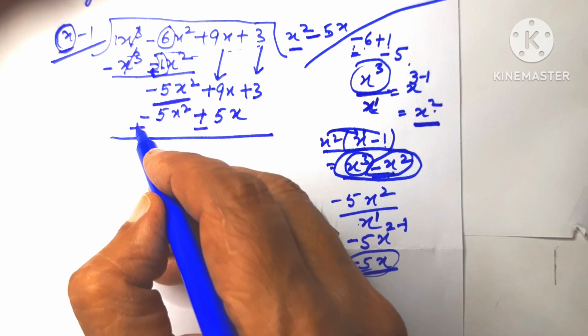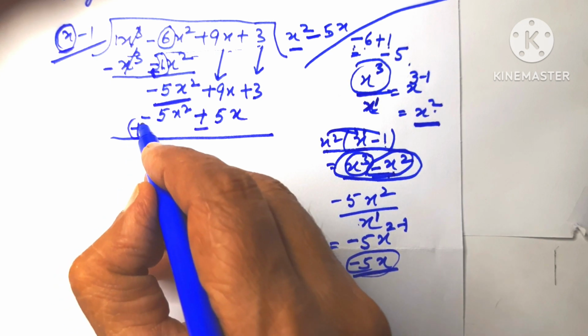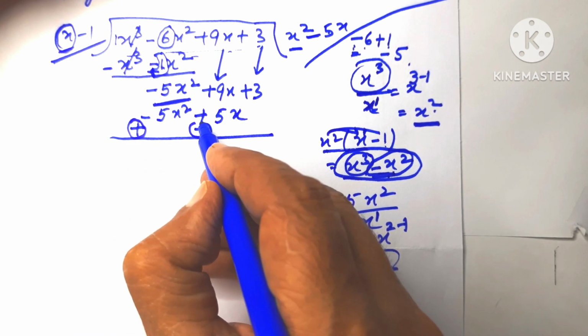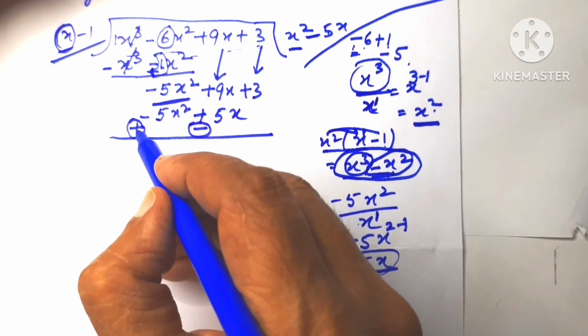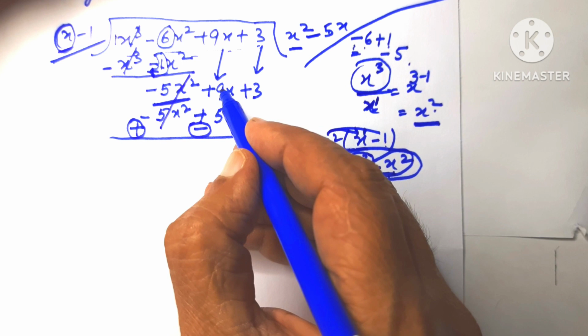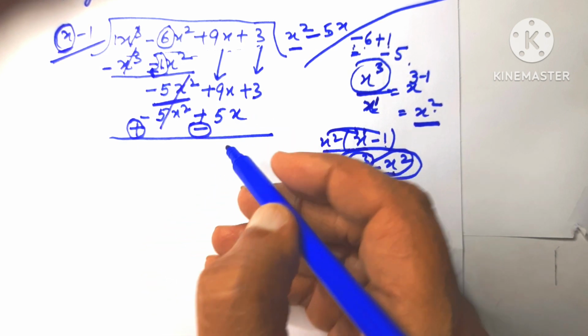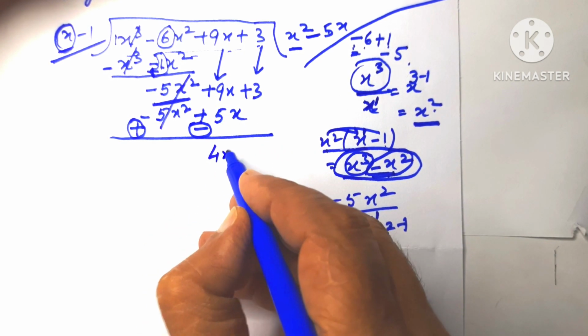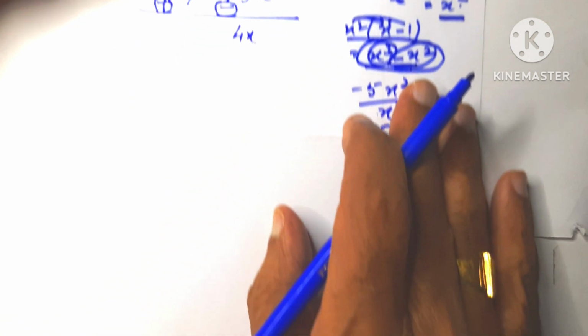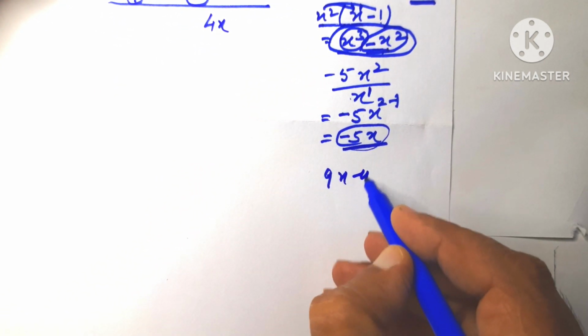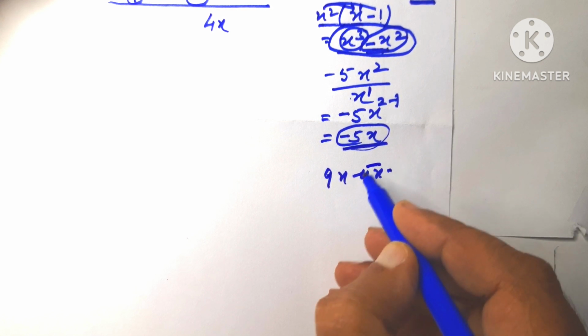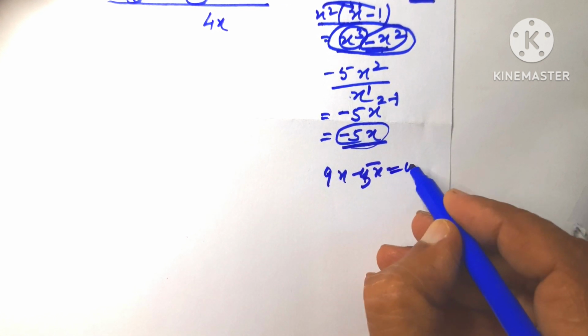Now this minus and this plus. Consider only the change of sign. Don't go by this sign or this sign. So this is minus, this is plus, cancel. 9x minus 5x is 4x.